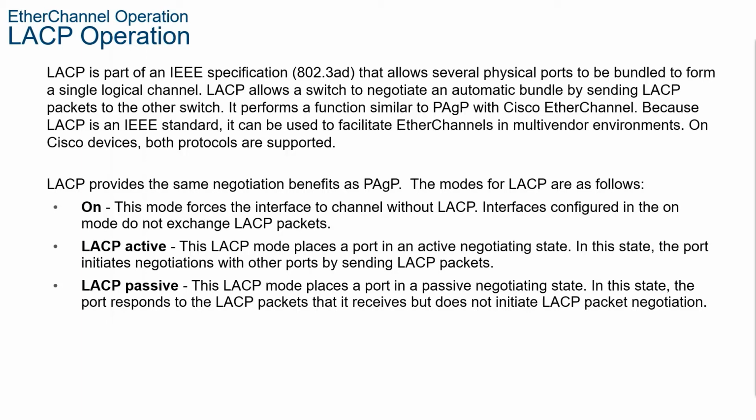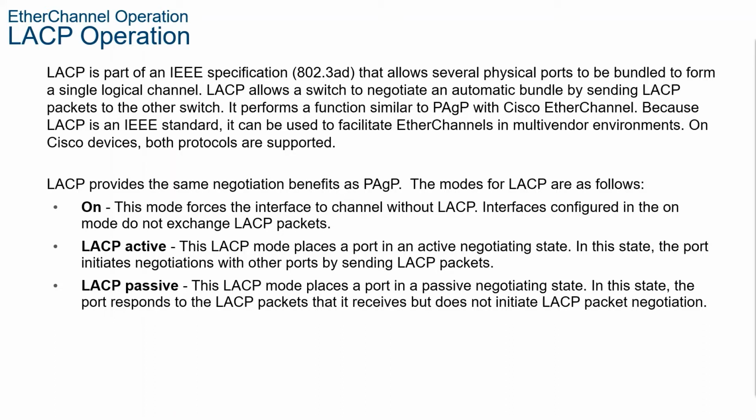Take note that LACP was originally defined as IEEE 802.3ad. However, LACP is now defined in the newer IEEE 802.1AX standard for local and metropolitan area networks. LACP provides the same negotiation benefits as PAgP.